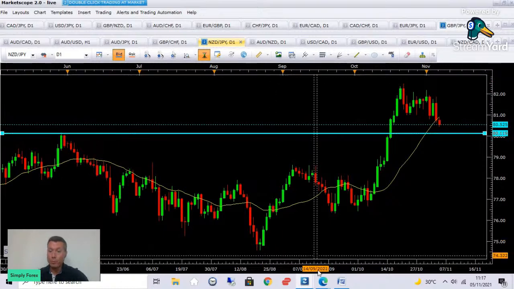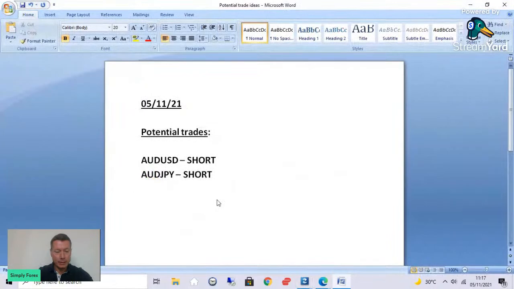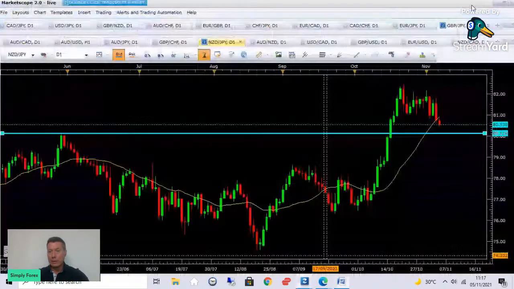So we'll put this on the list, guys. New Zealand Japanese yen, heavily correlated with the Aussie dollar yen. So only trade one of them, otherwise you're doubling up on the same trade, if that makes sense. All right, so New Zealand yen short.